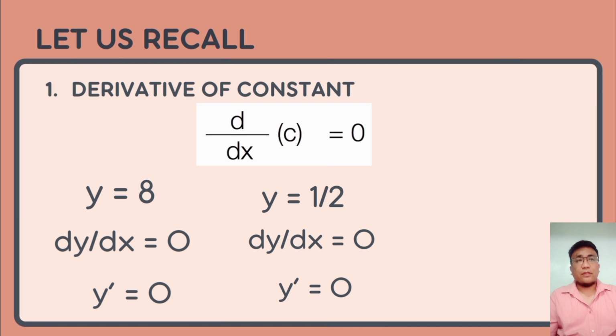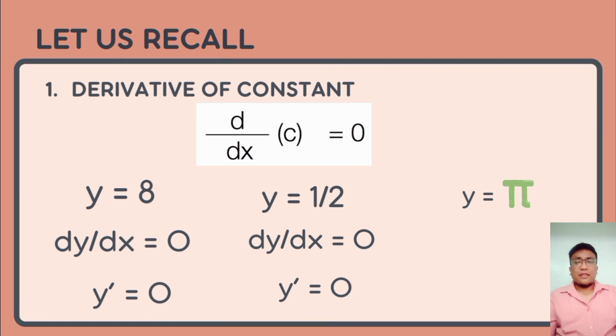You can call dy over dx as y prime. But how about y is equal to pi? Is pi constant? Does it have a constant value? Yes. Its value is 3.14.